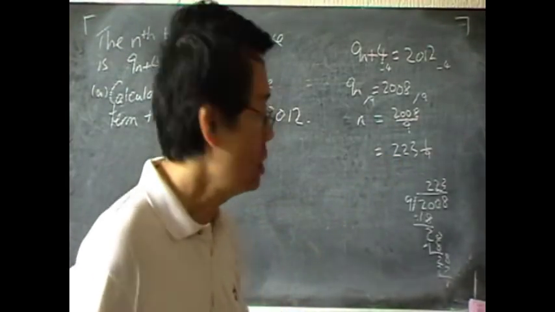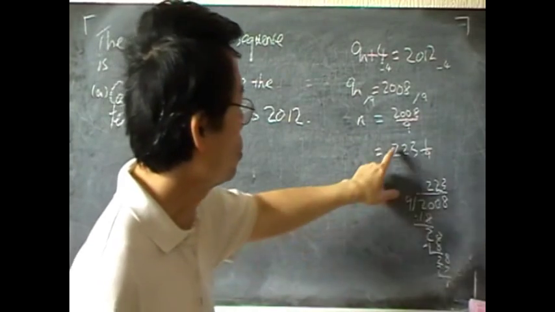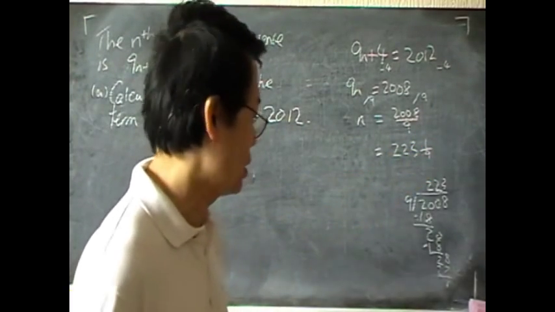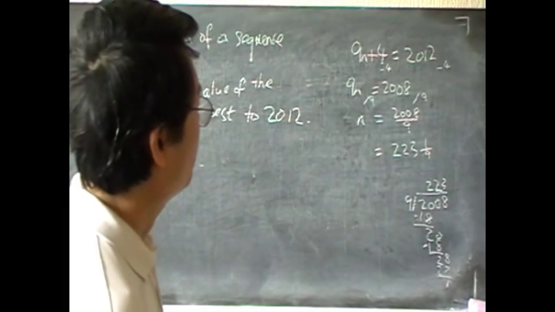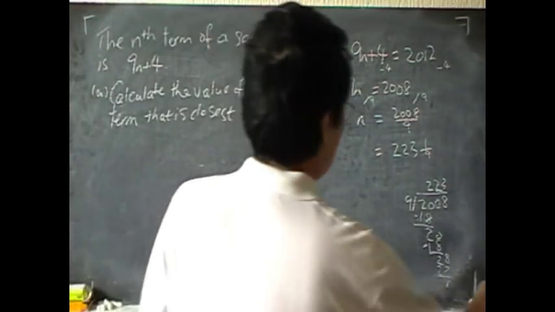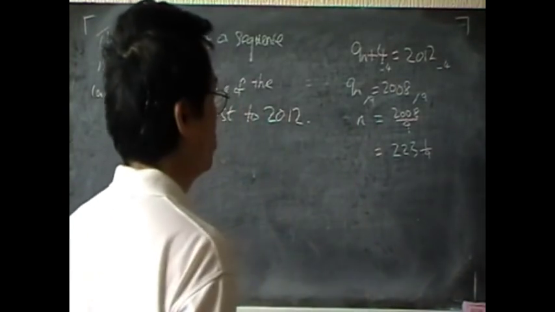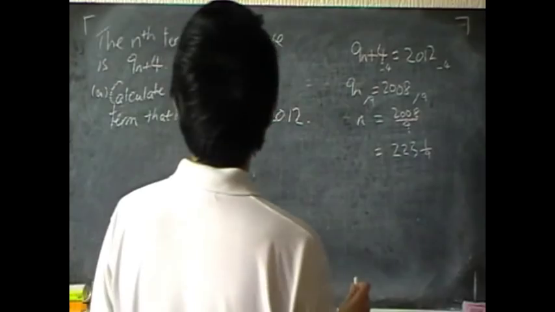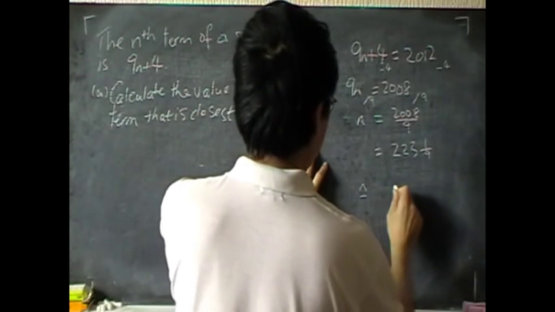That's the value of n. And as you can see, it's not a whole number. Now it is 223 and 1 over 9. What this means is, to understand it, imagine writing down a table of these numbers.